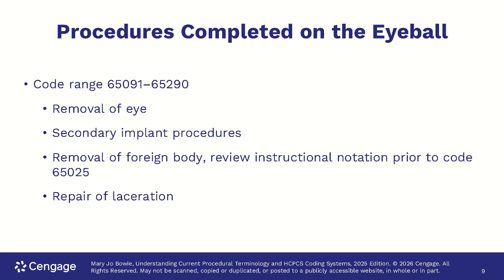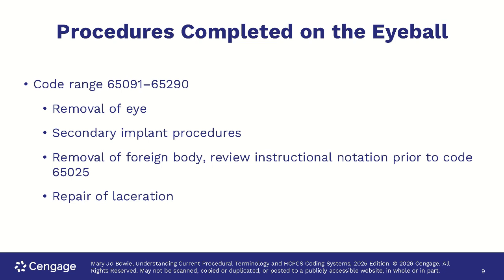Then you have enucleation. That is removal of an organ. I'm sorry, it's not removal of an organ. It's removing without cutting. So evisceration is removal of an organ. Enucleation is removal without cutting into the structure.